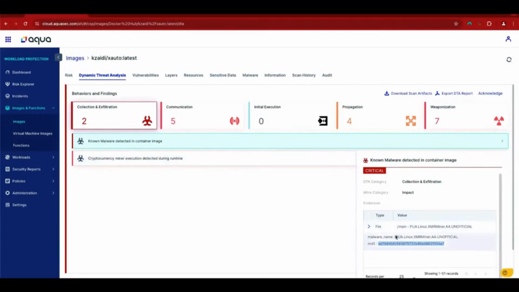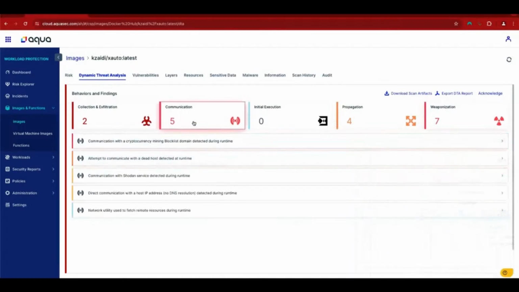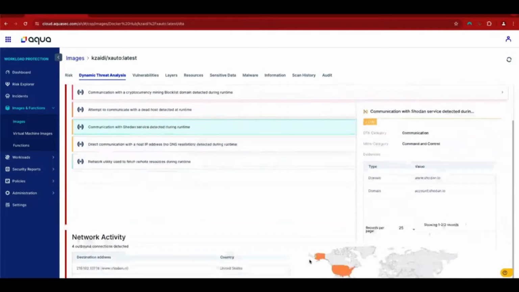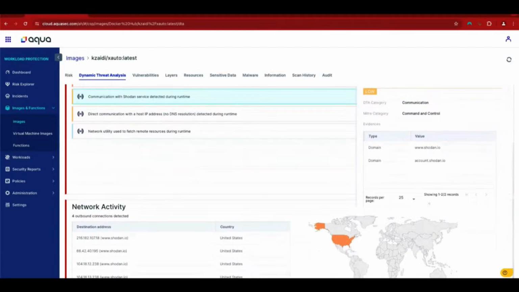And this specific malware that we see here, CryptoMiner, will be also having communications that are not expected with different types of domain names that are prohibited, that could be command and control servers. And we see here that we have a communication with Shodan, for example, where we have also the geolocation of all the communications that are happening.